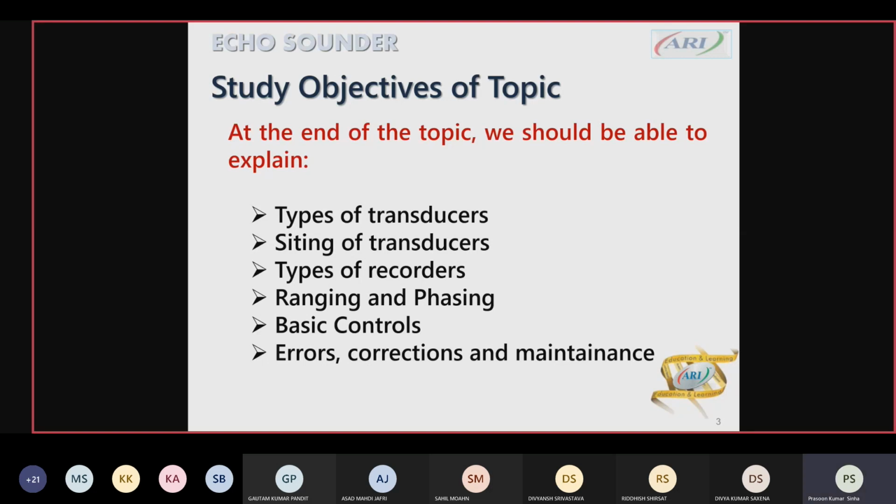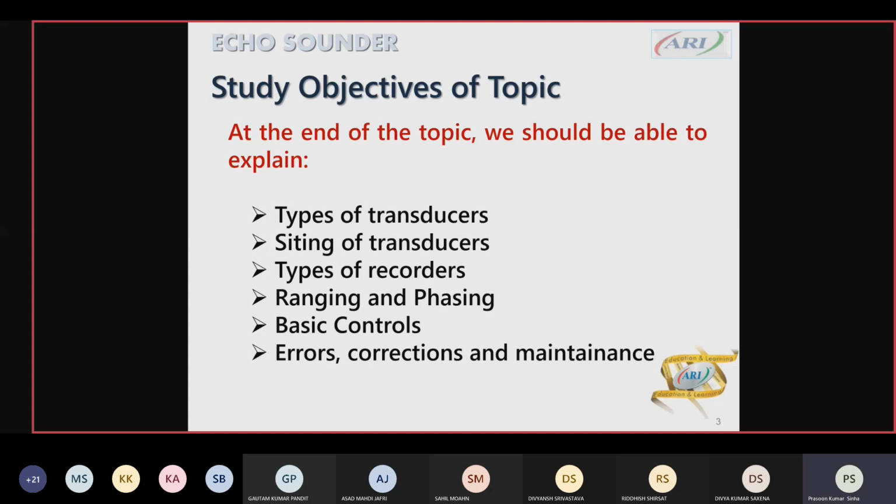Then different types of recorders we will be talking about. Then recorder से related, there are few problems and how those problems are solved is what we are going to look at. Ranging एक के साथ एक problem आती है, उसको हम phasing से कैसे ठीक कर सकते हैं.